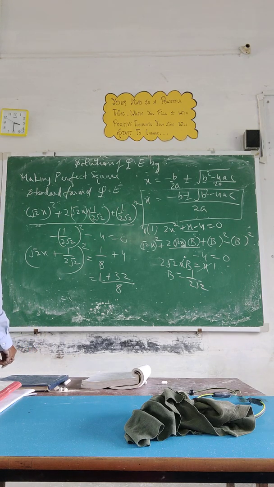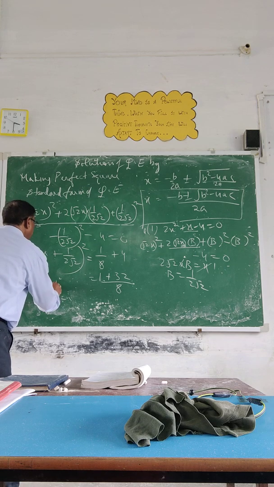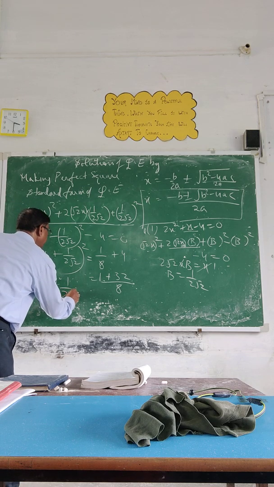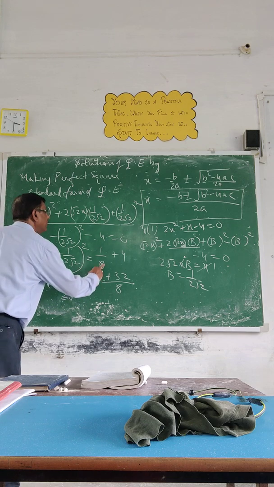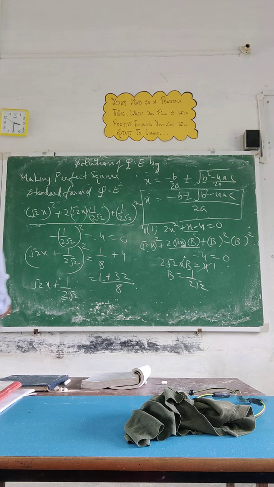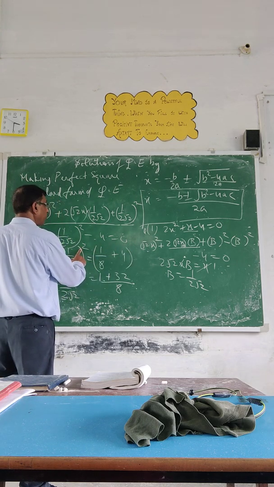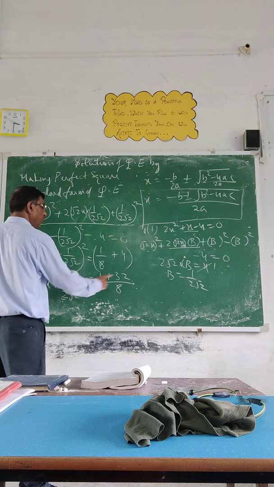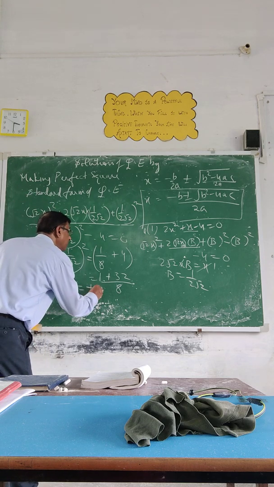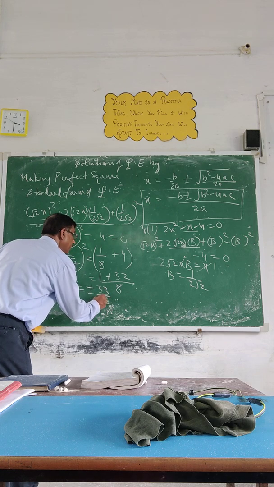So root 2x plus 1 upon 2 root 2 is equal to what? Again you will take, here you will get two values. Okay. Shifted, it is a square. When you take the square root, what will you get? Plus minus root of 33 upon 8.